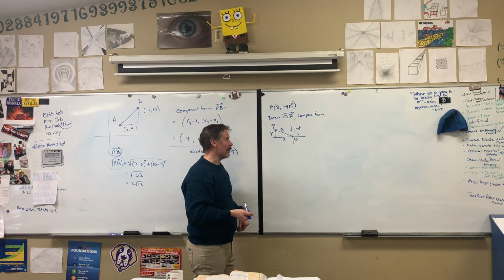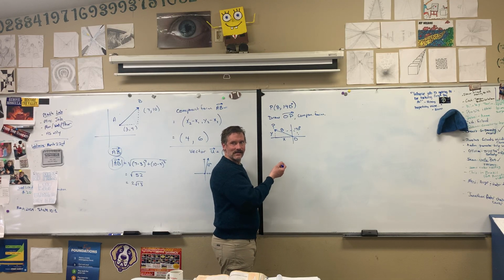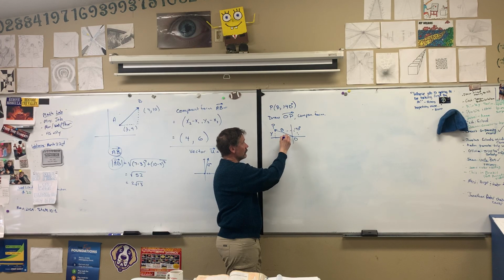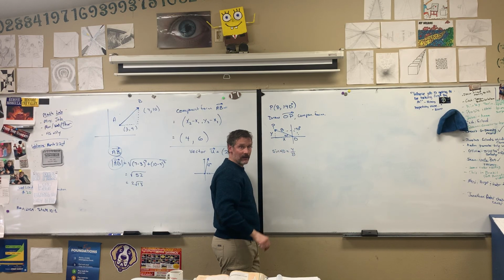So now how do I find x and y? Just like last chapter, we could do sine. We know that 40 is the measurable angle, so we know that's 40 degrees. So sine 40 equals y over 8. Is this a unit circle value?